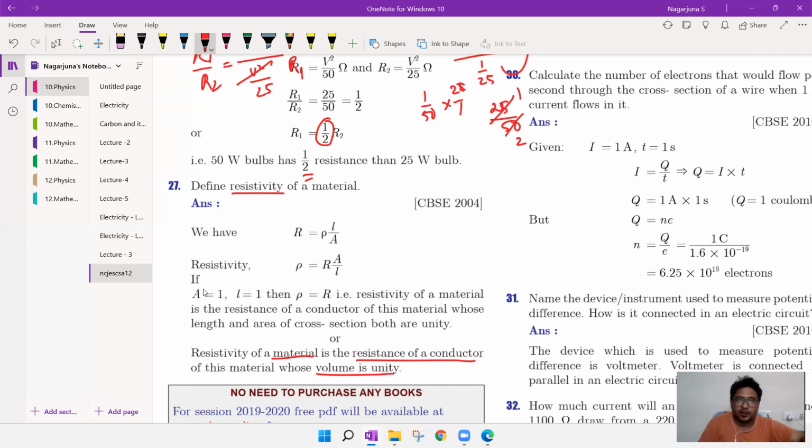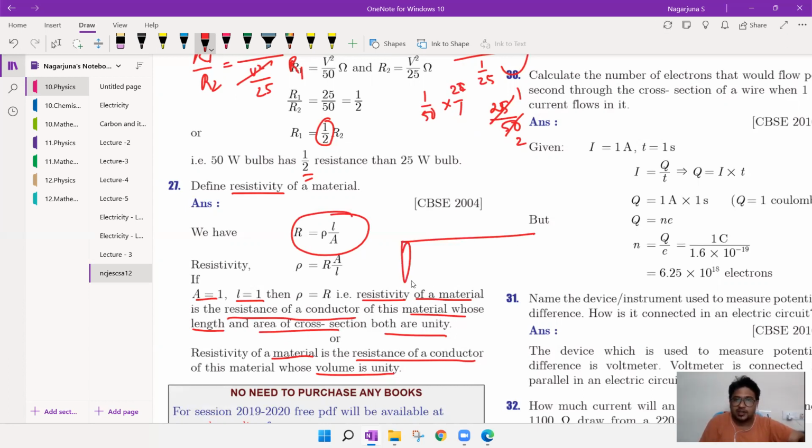Or another way to say it: we have R is equal to rho L by A. If area is 1 and length is 1, then resistance is equal to resistivity. So if the length and the area of cross section both are unity, that is 1, then the resistance is equal to the resistivity.